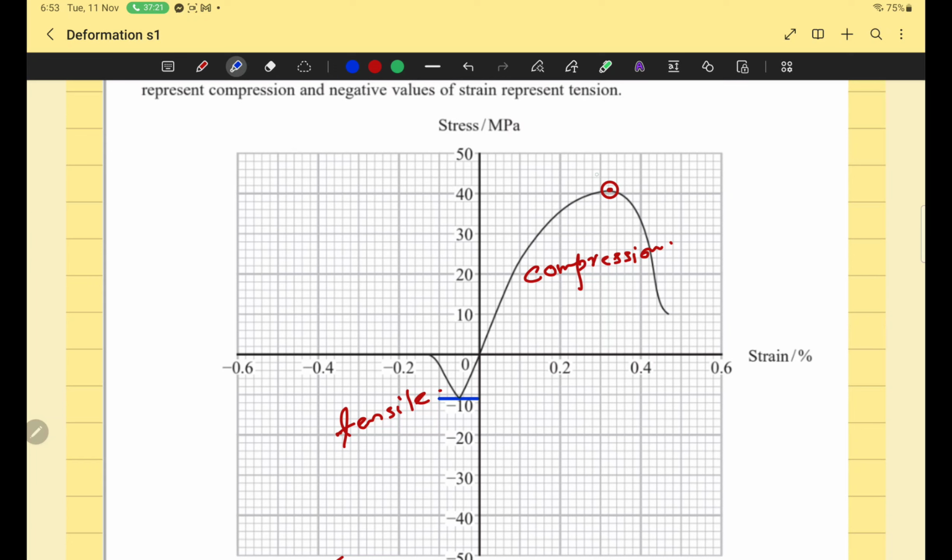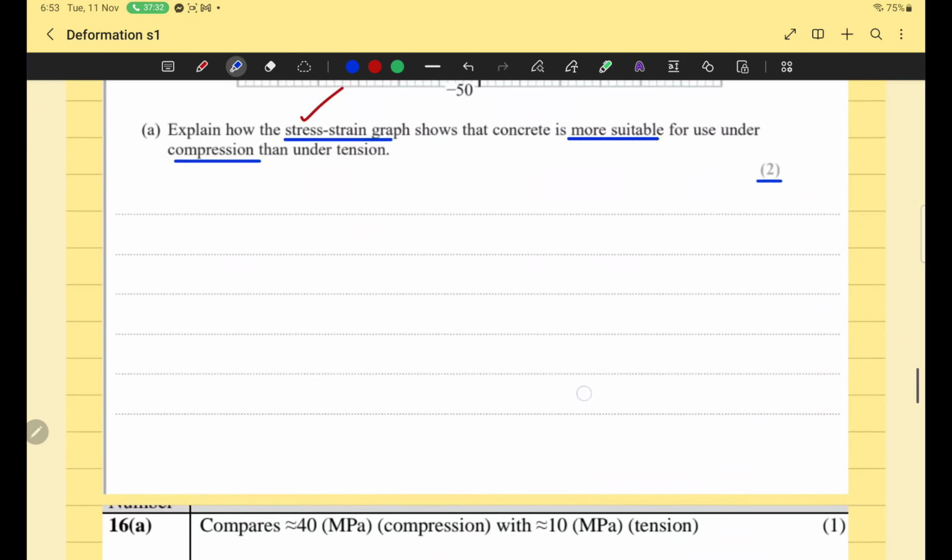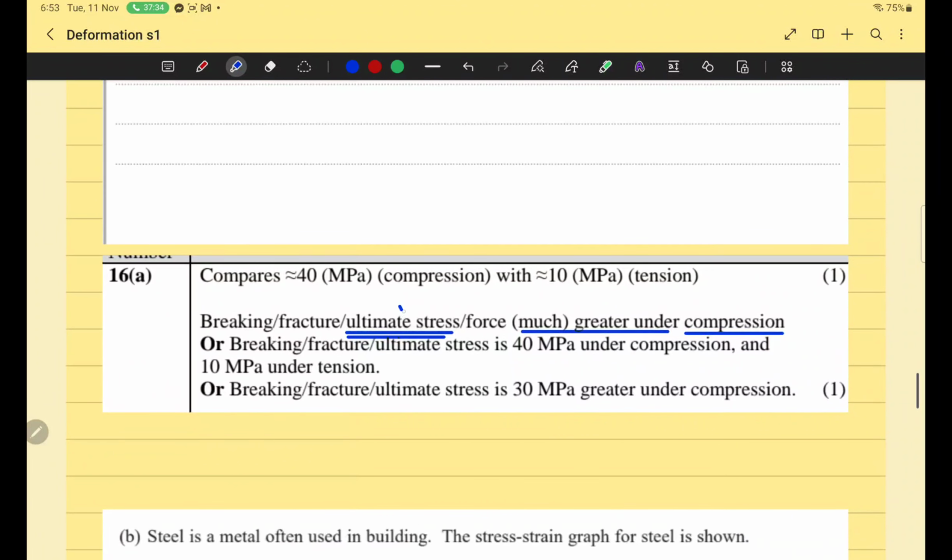Sir, for the compression graph the value of ultimate stress is high and the value of ultimate stress is low in tension. So ultimate stress is much higher under compression.